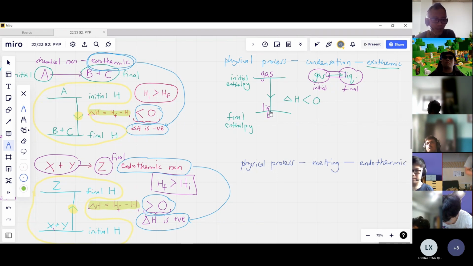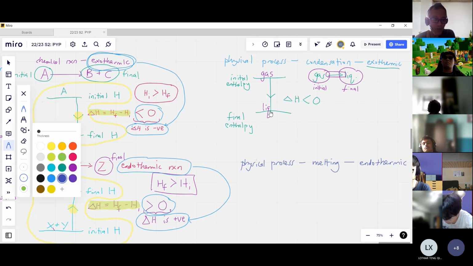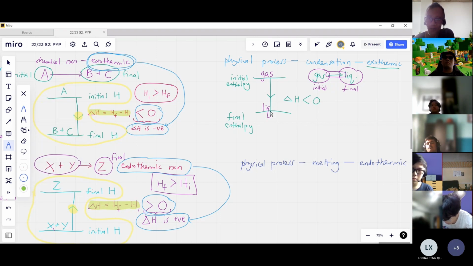Before that, let me flash up the example. So in this case, melting means from solid to liquid. Again, how I remembered it, endothermic is an upward arrow, so make sure I draw an upward arrow. Notice solid to liquid.